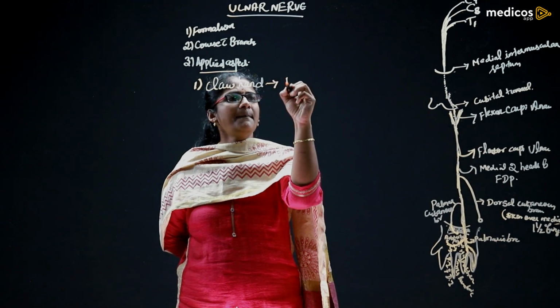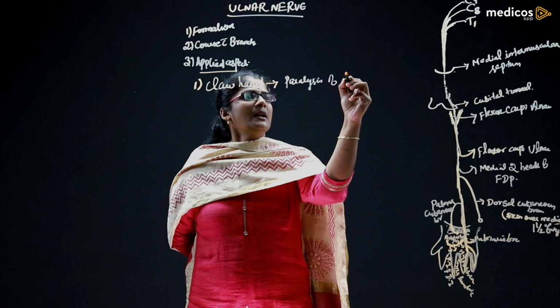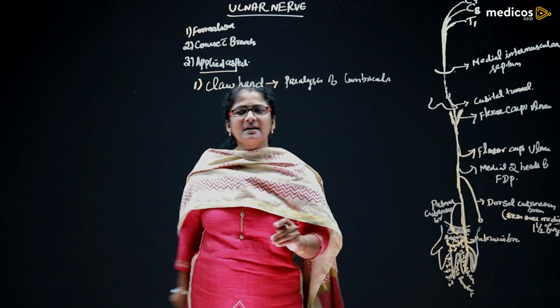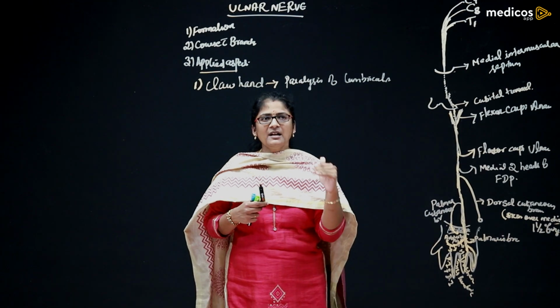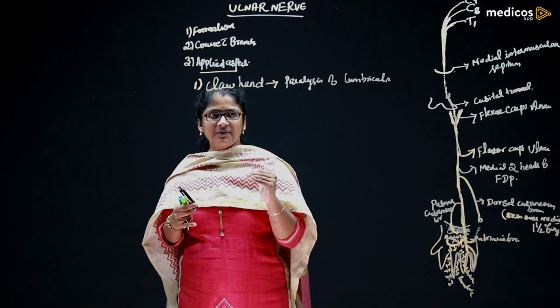That is due to the paralysis of the lumbricals. Usually we have discussed the lumbricals' action is a Z pattern, which causes flexion of the metacarpophalangeal joint and extension of the interphalangeal joint.